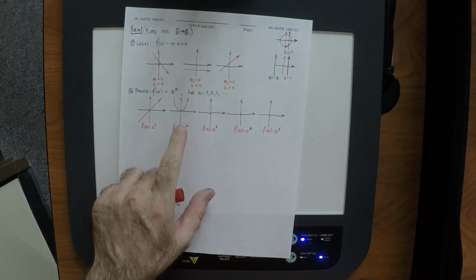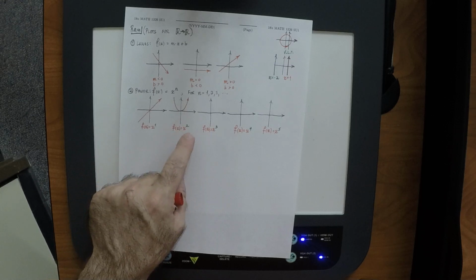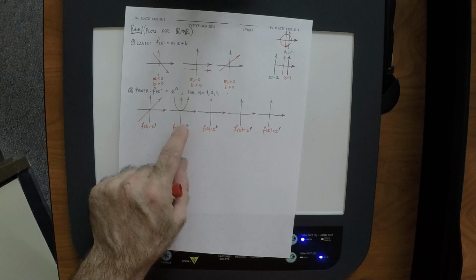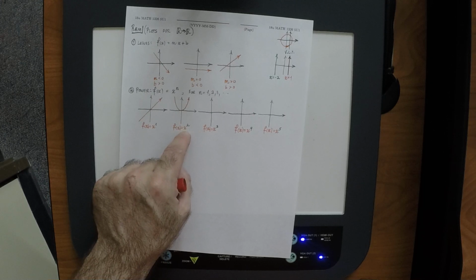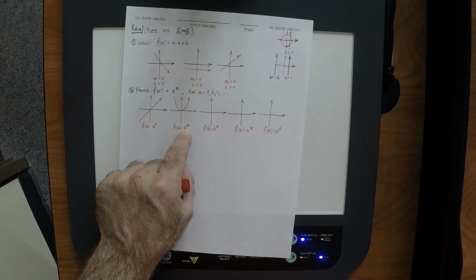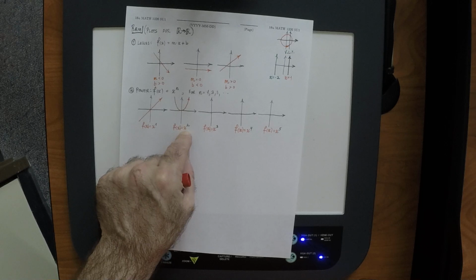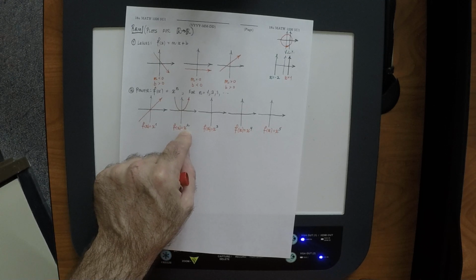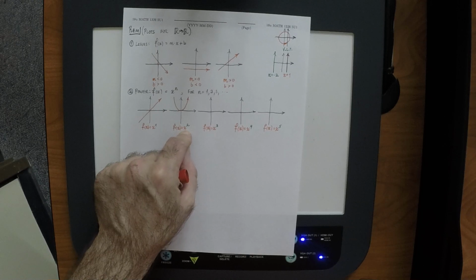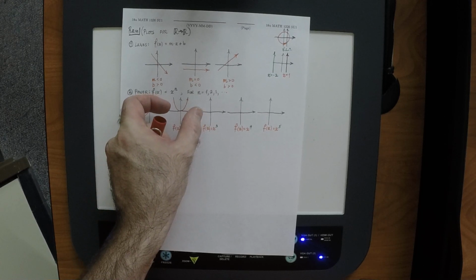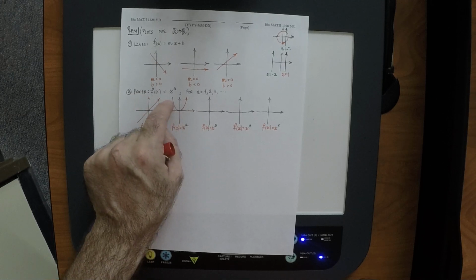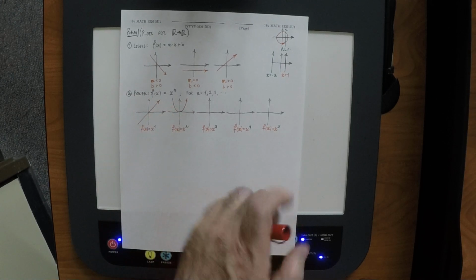What I'd like for you to observe is a correspondence between algebra and picture. Algebraically, if you square a positive thing, the result is positive, and if you square a negative thing, the result is still positive. That's why both sides of the plot are above the axis, because even when the input is negative, the output is still positive. All right?